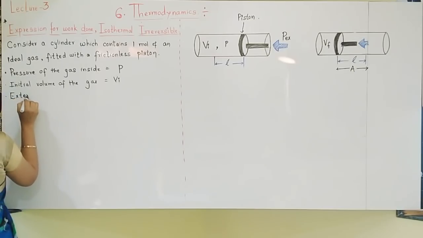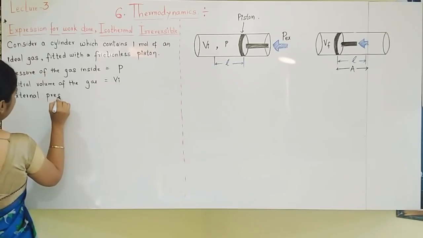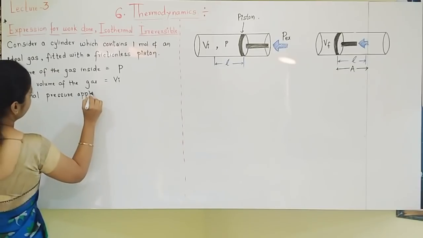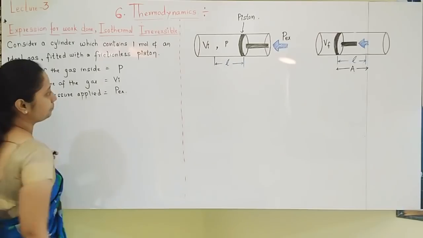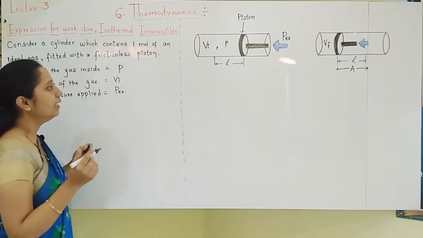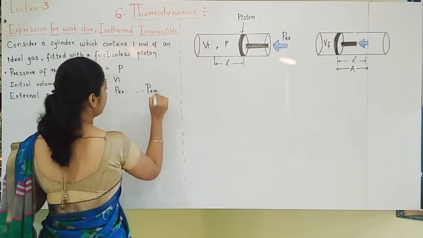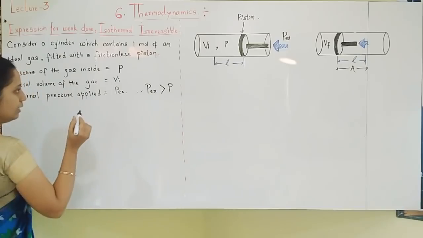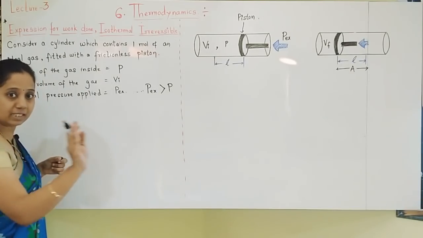External pressure applied, whatever is applied, symbol is PEX. Now we know that PEX is greater than P. As external pressure is more, the piston moves inward.